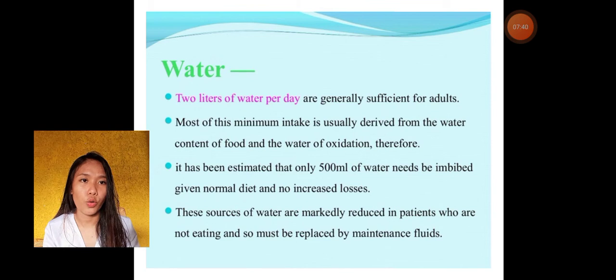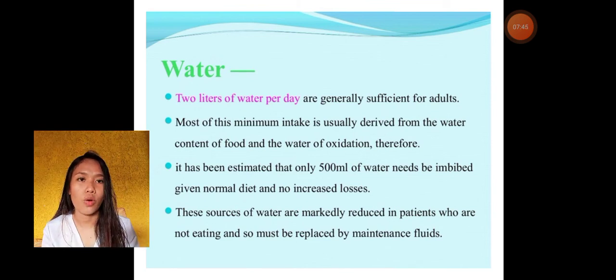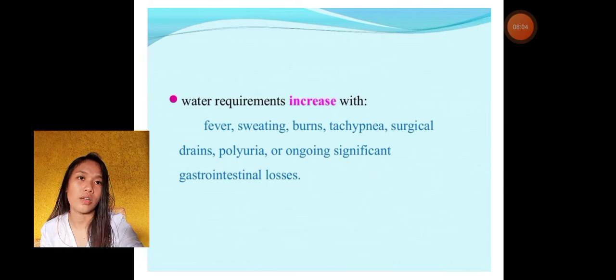These sources of water are markedly reduced in patients who are not eating and so must be replaced by maintenance fluids. Water requirements increase with fever, sweating, burns, tachypnea, surgical drains, polyuria or excessive urination, or ongoing significant gastrointestinal losses.